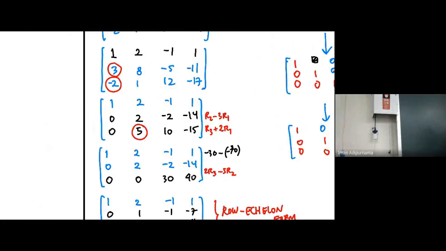For example, you already get 0, 0, right? And maybe in your next calculation you wrongly calculate the number, and then the 0 disappears and becomes a number. That's common. That's one thing you need to avoid. So you need to keep this 0. Okay? You need to keep this 0.